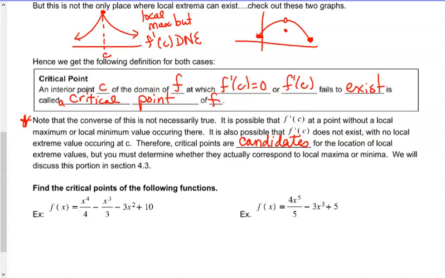But you must determine whether they actually correspond to max and mins, and we will discuss this later in section 4.3.